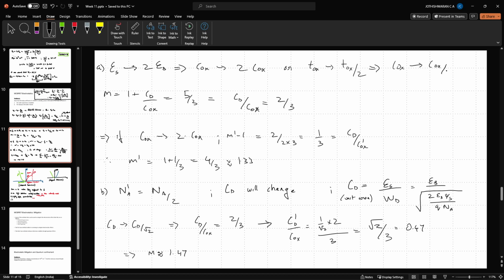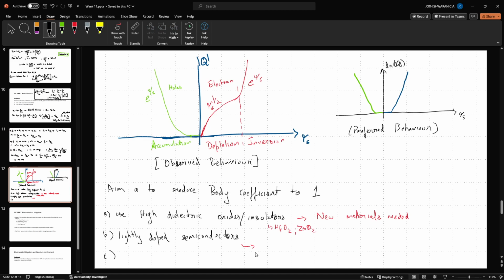So this is also possible. Now again, reducing gate thickness would mean changing the fabrication methods and techniques appropriately. Like we will need greater sensitivity to deposit thinner gates. And so we can also use thinner gates. So this will also imply we have the same drawback as here.